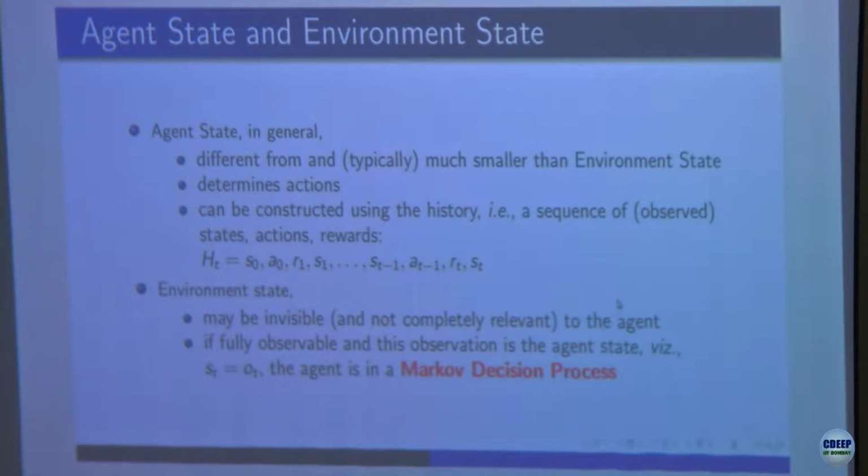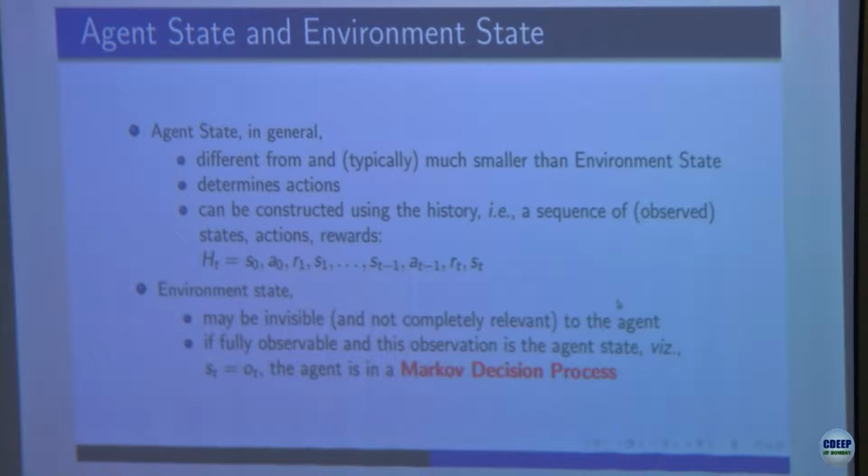The environment state may be invisible and is often not completely relevant to the agent, the entire maze that you saw. So if the environment is fully observable and that we assume is the agent state, then the agent is in a Markov decision process. So effectively in a Markov decision process, I am very happy with my small world. That's the idea of a Markov decision process.